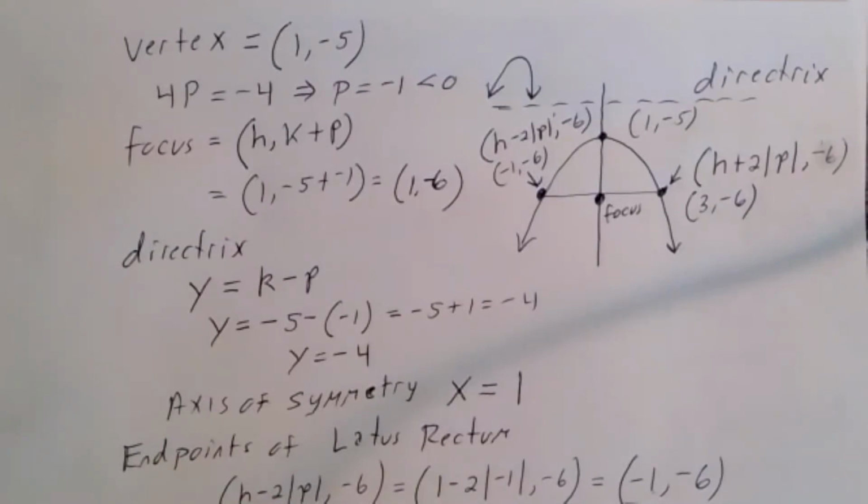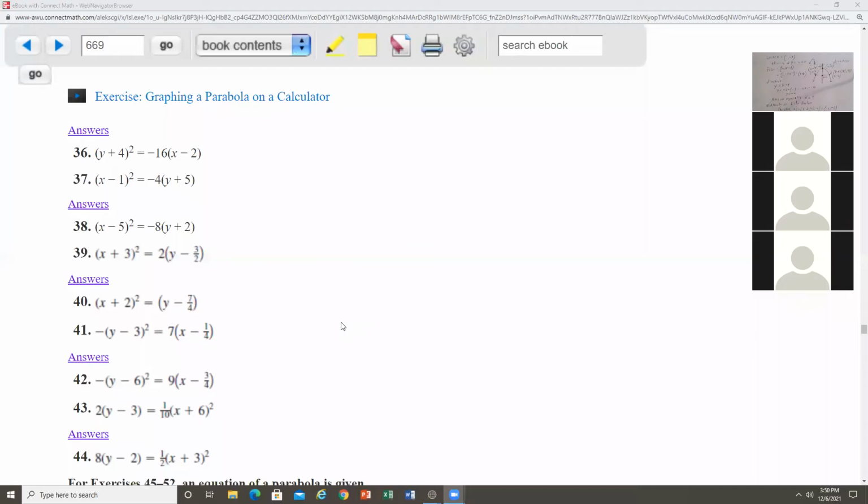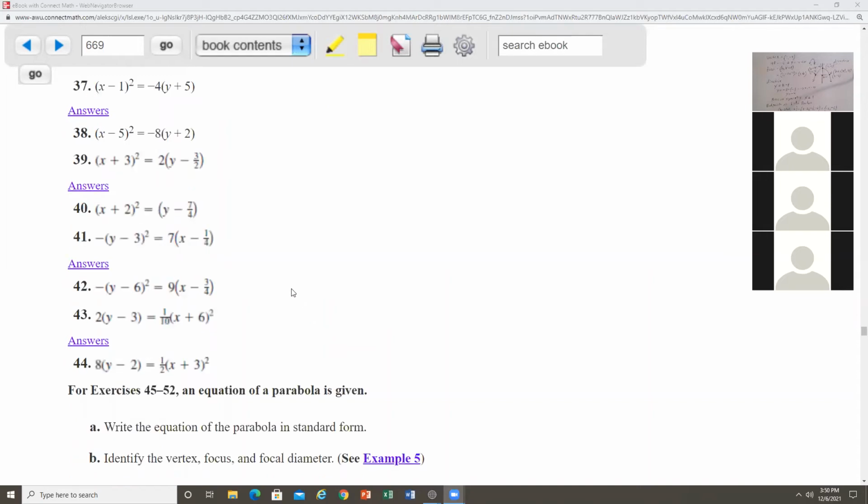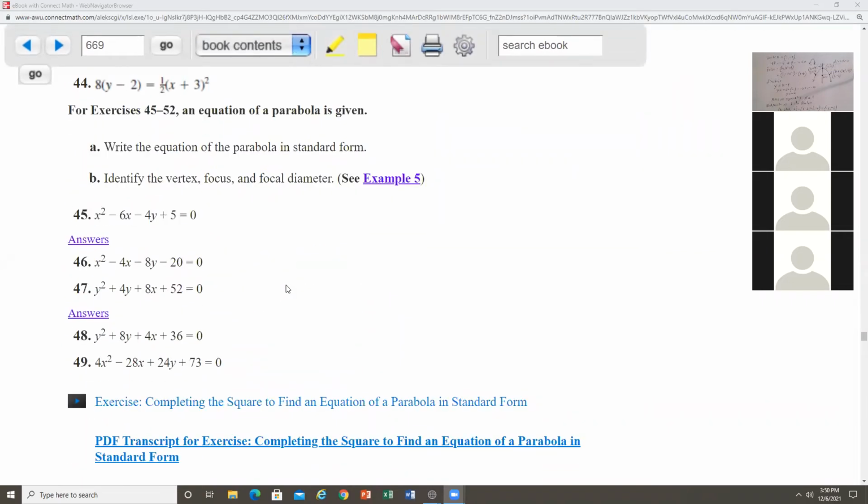Back to textbook here. Okay, so that one's good. Now notice, ladies and gentlemen, that these problems here, 45 onward, are not in standard form.